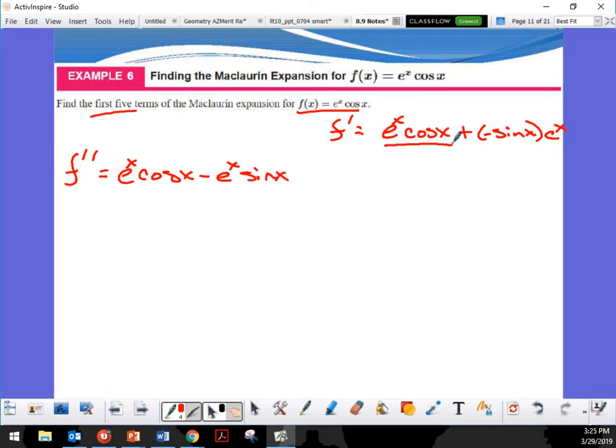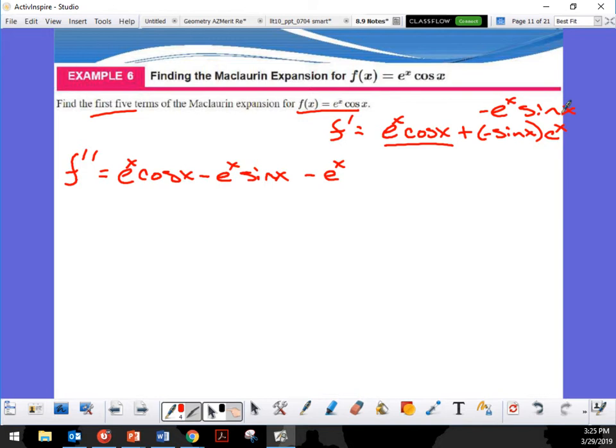That's this first part. And then do the same thing for the next part. So it's going to be minus e to the x. I'm rewriting it, e to the x. If I rewrite it like that, the pattern's going to be the same. Yeah, you can see the pattern a little bit easier. So e to the x sine x.